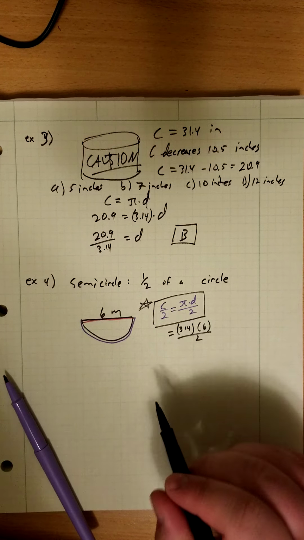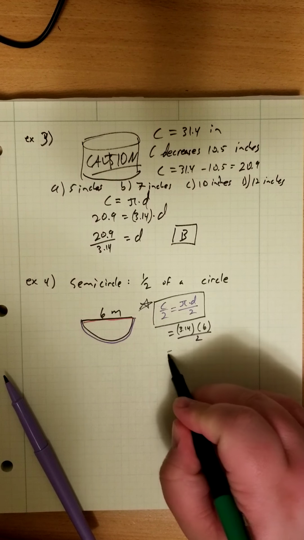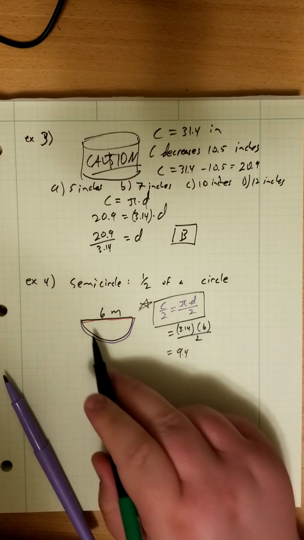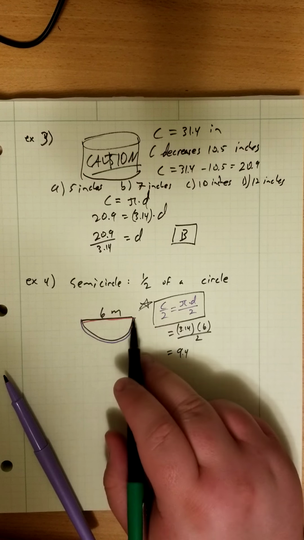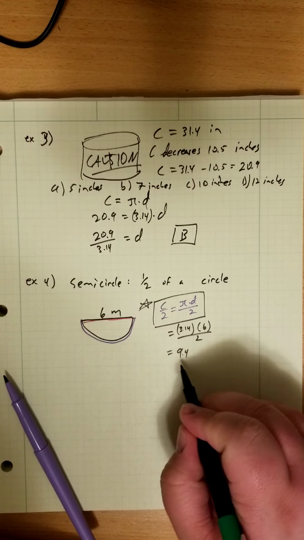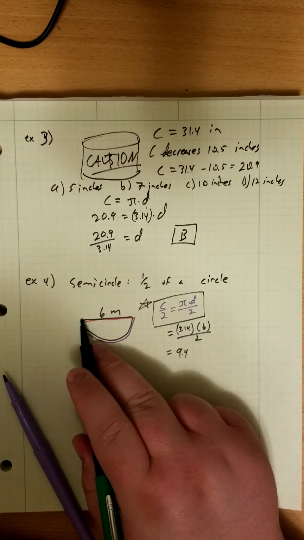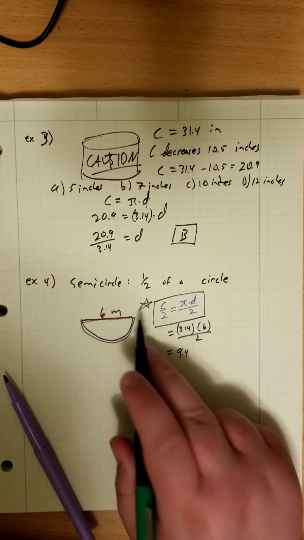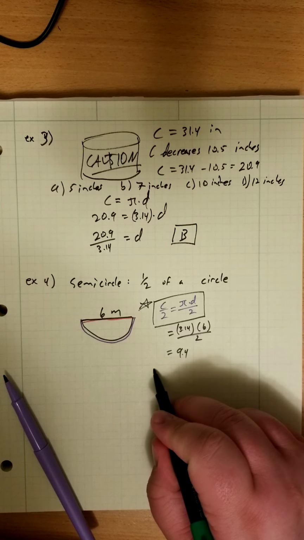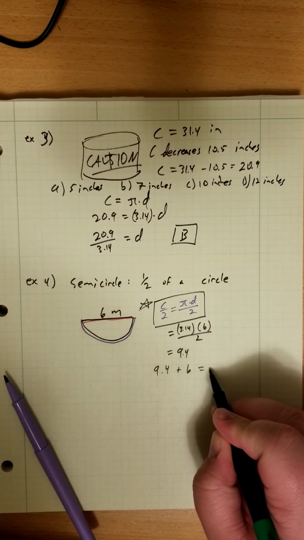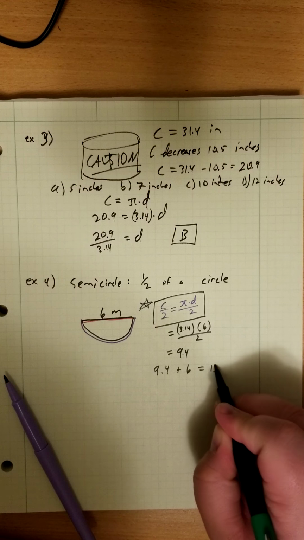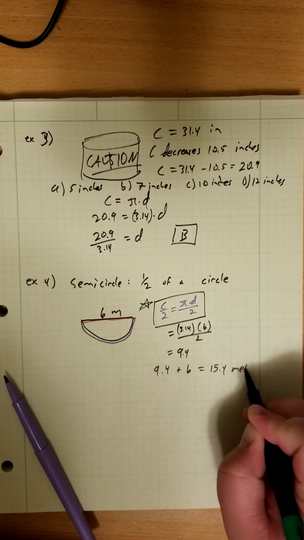So this curved part here is about 9.4 meters long. But when I add this top part that is 6 meters long, the perimeter of the entire shape would be about 15.4 meters.